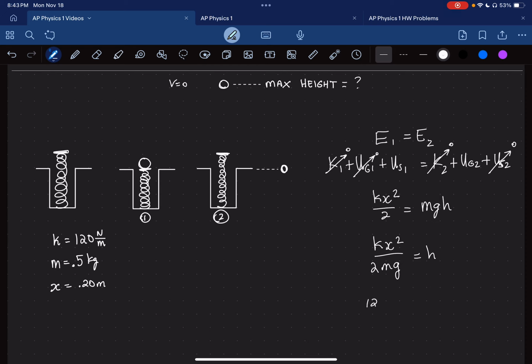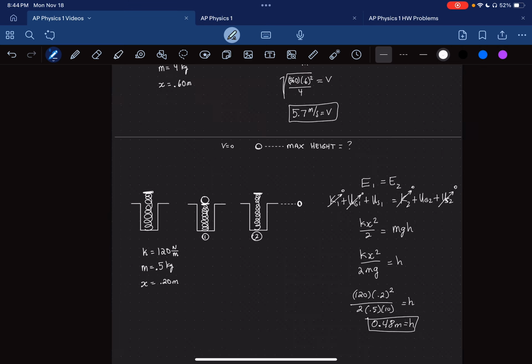And so we'll say 120 times 0.2 squared over 2 times 0.5 times 10 is equal to the height, which is a height of 0.48 meters. Cool.